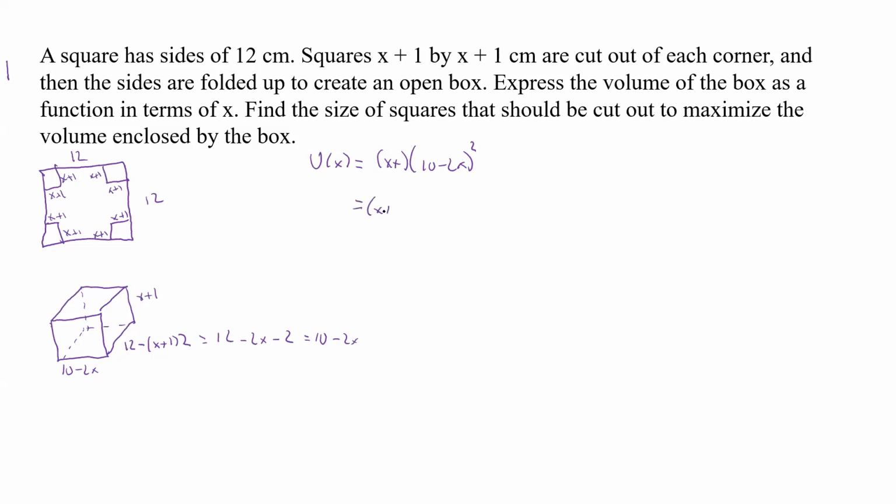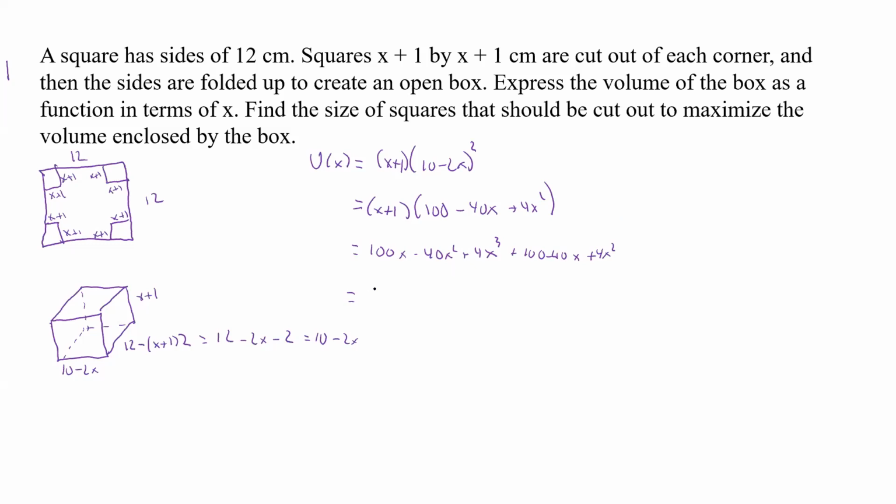So that's going to be x plus 1 times, 10 squared is 100. 10 times 2 is 20, times 2 is going to be 40, so it's going to be minus 40x, and then plus 4x squared. Okay, now we multiply that all by x first, so that gives us 100x minus 40x squared plus 4x cubed, and then plus 100, and then minus 40x, and then plus 4x squared.